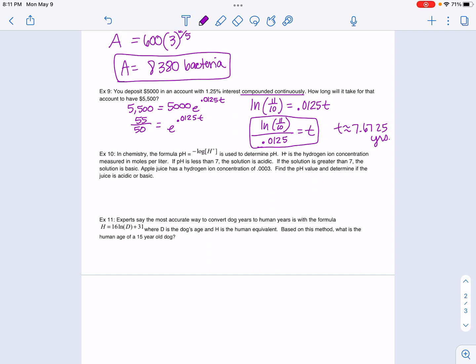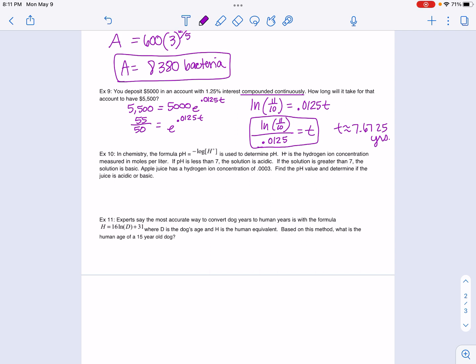In chemistry, the formula for pH is equal to the negative log of the hydrogen ion concentration measured in moles per liter.